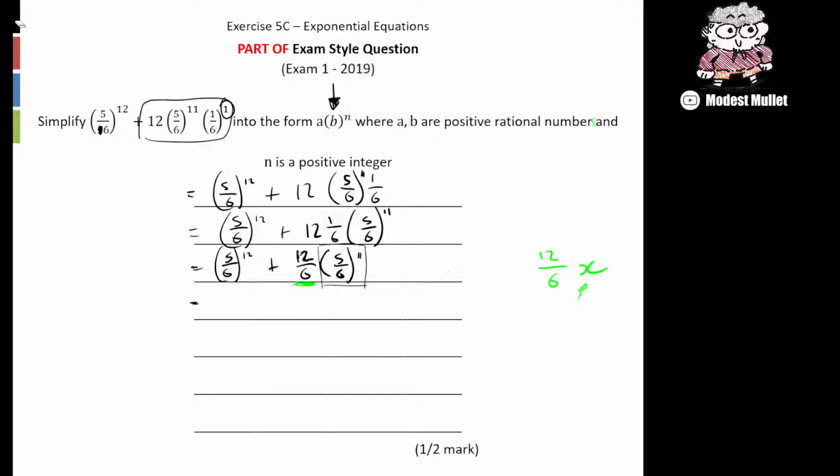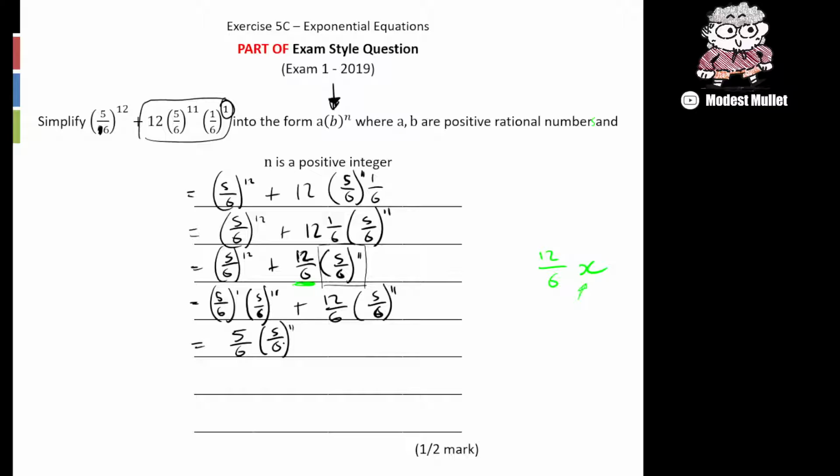Well, this is where we have to use our index laws. We can change that to 5 on 6 to the power of 1 times 5 on 6 to the power of 11, because the 1 plus the 11 gives me the 12, plus 12 on 6, 5 on 6 to the 11. Now, the 5 on 6 to the power of 1 is just 5 on 6.